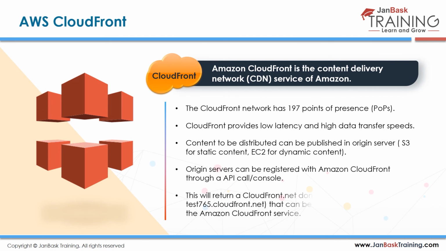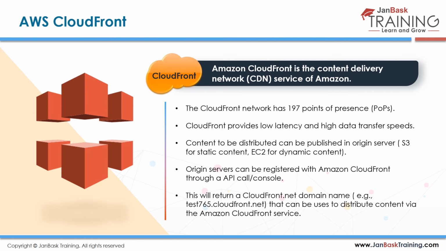Whenever you publish an object on CloudFront, you get a URL like this, test1765.cloudfront.net. It will be some random URL given by CloudFront, and your content will be served over a secure HTTPS connection, and you will get a certificate for it. That usually costs $300, but since Amazon is bundling this service, it's usually free.